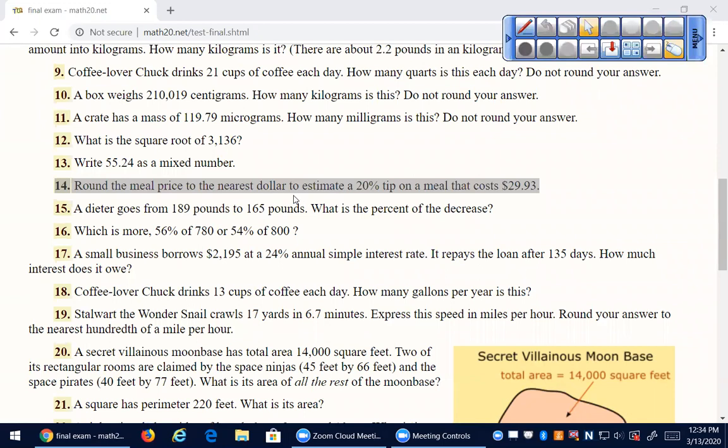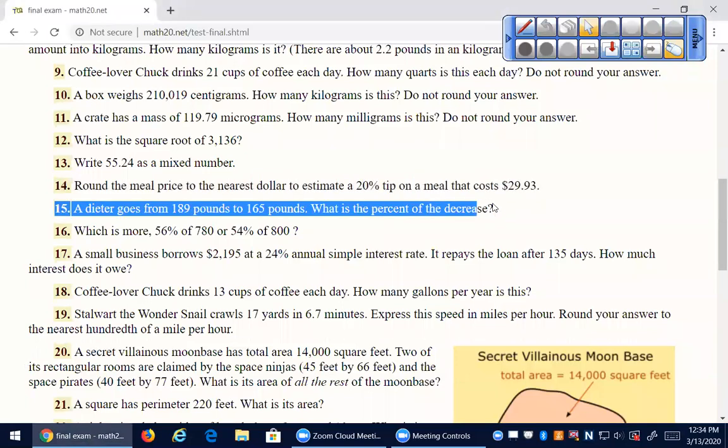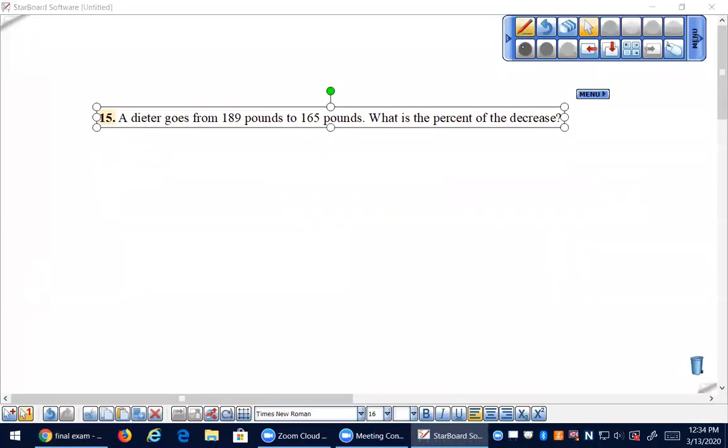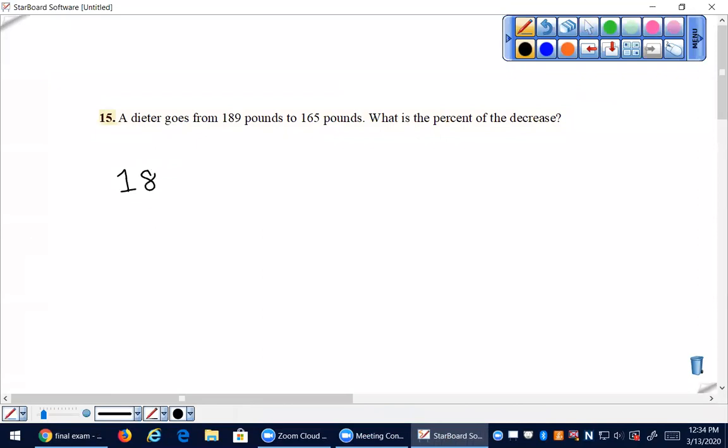Okay, percent of the decrease. Should we do that one? Yes. So you go 189 minus 165. What is 189 minus 165? 24.